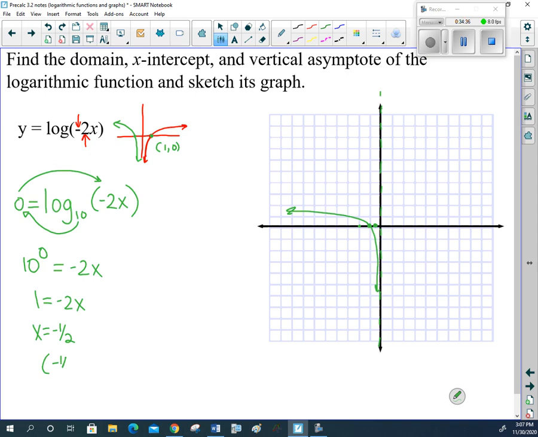So, yep, my thought process was right. It really is shrinking by a half, so my x-intercept, that key point, is going to be at negative a half, 0. So let's put that right there, and then we'll just resketch that graph in.